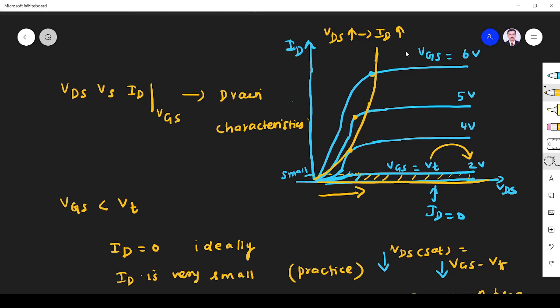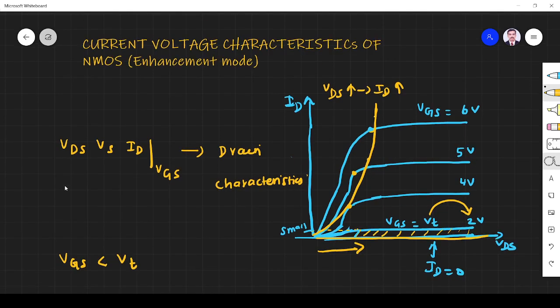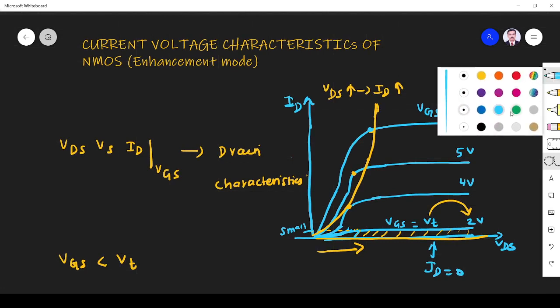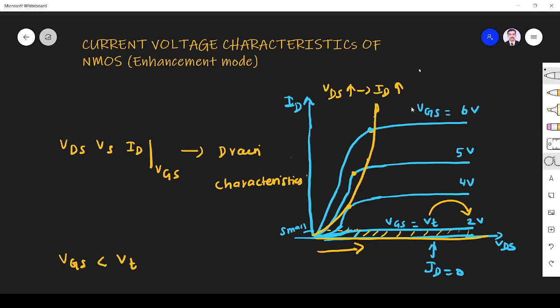Whatever region lies beyond this curve is called the saturation region, because the current is independent of voltage. The region behind it is called the triode region or non-saturation region.